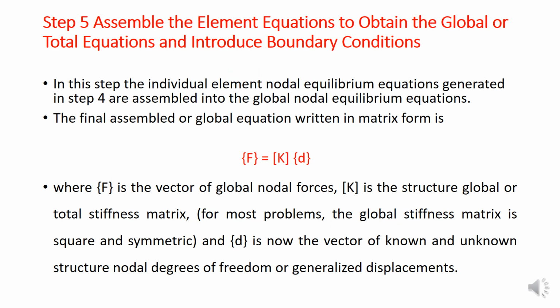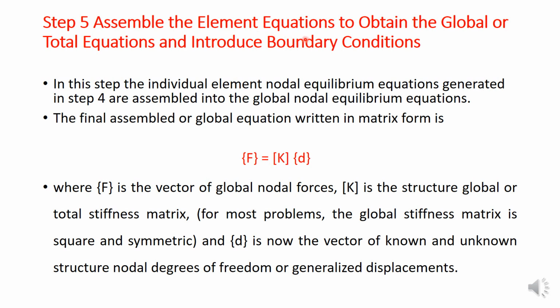Once we establish the elemental stiffness equations, we can combine all these elemental stiffness equations, and we can also apply the boundary conditions which are known to us to form the global equations. Then we will solve those equations to find the unknown degrees of freedom or unknown displacements. That is what we do in this particular step.